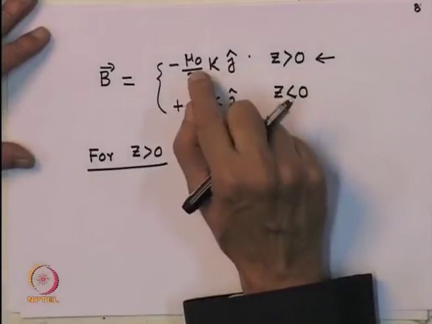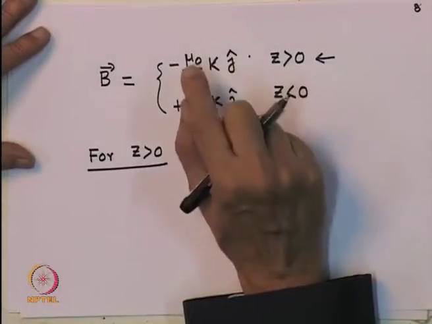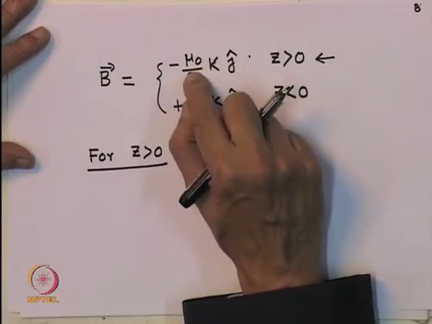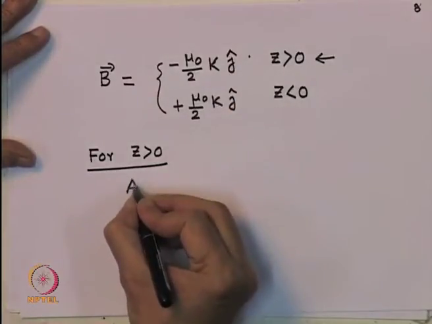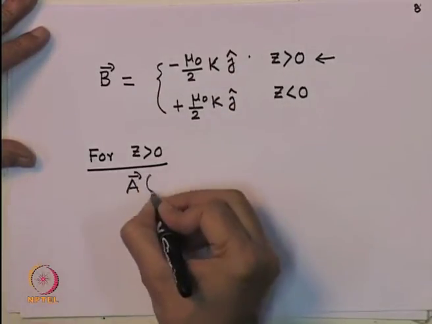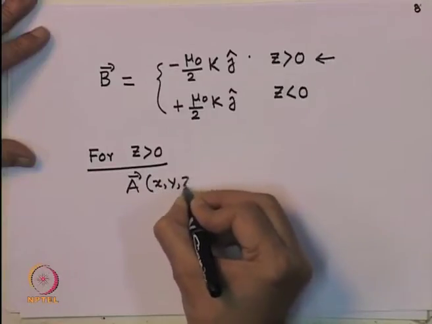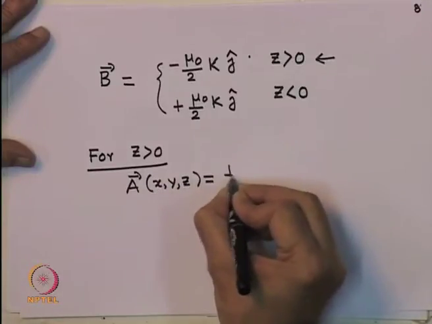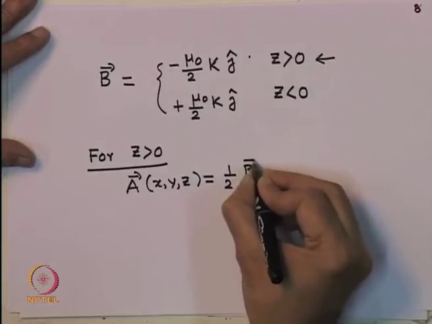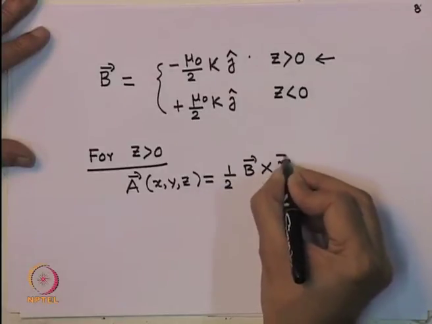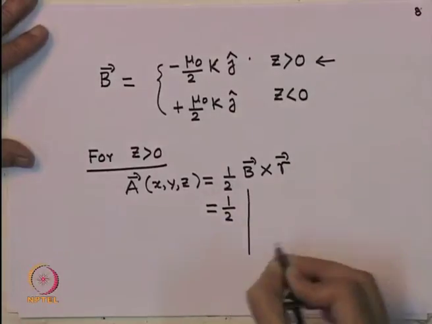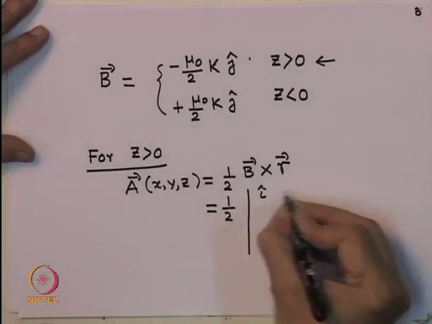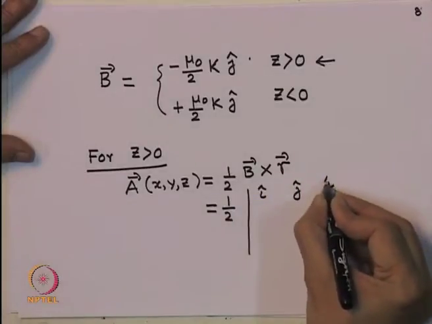Now, notice this field is constant, and just now we have seen that the vector potential corresponding to a constant field is given by half B cross R. So, therefore, A at x, y, z is given by half of B cross R, and since it is a cross product, I write it in terms of a determinant, which is i, j, k.